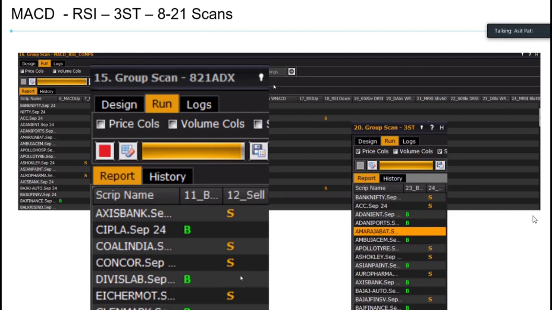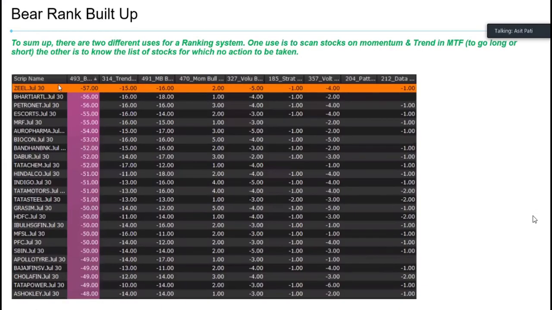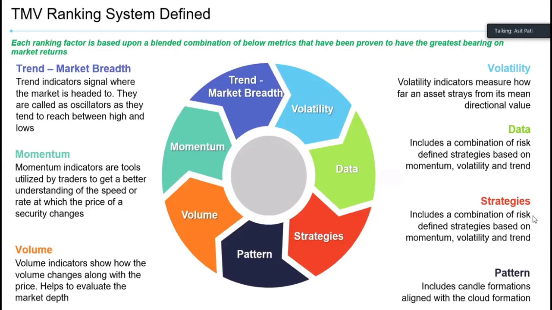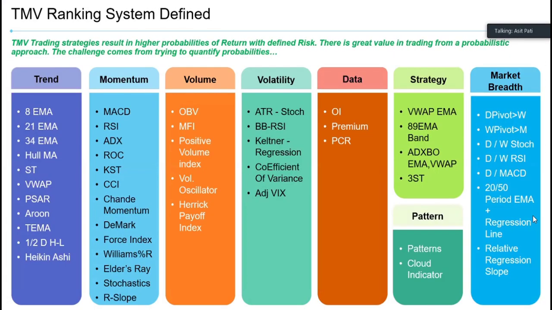Now, if I can just go back to the strategy. What we are looking at is this ADX breakout EMA viewer, the strategy I'm talking about. Wherever the 5 minute, 15 minute, 1 hour, 3 hour and 6 hour setup is there, it will give you a signal, a ranking to the whole ranking model.